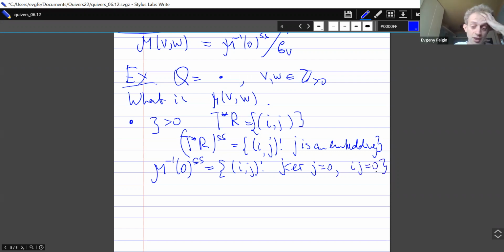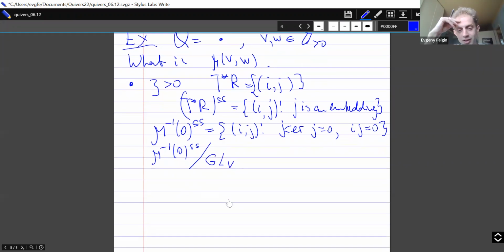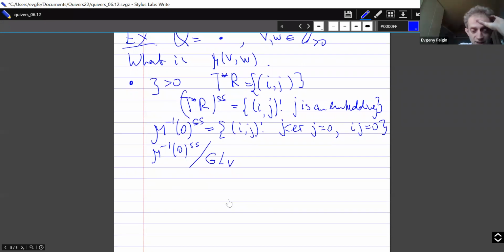Okay, and now we are interested in what is the mu inverse 0 semi-stable modulo GLV. So actually, I claim that this is something reasonably concrete, but for that, let us try to understand. So let me draw the picture.